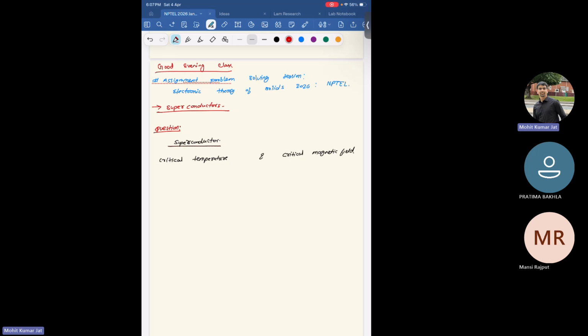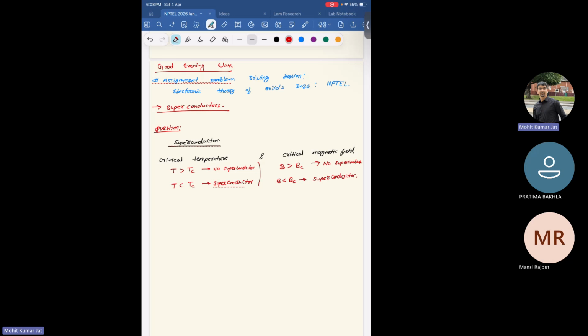Because if you go above T greater than Tc, there is no superconducting state, and below Tc, it is a superconductor. Then there is a critical magnetic field also. If your magnetic field is greater than B critical, then you won't have any superconductor, because that magnetic field kills your superconductivity. And if your B is less than Bc and your T is less than Tc, then you will have superconductivity.